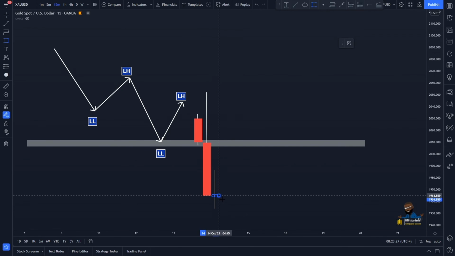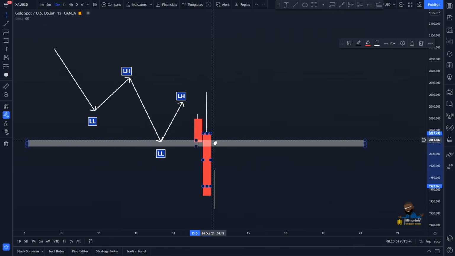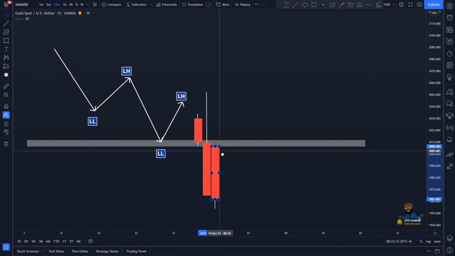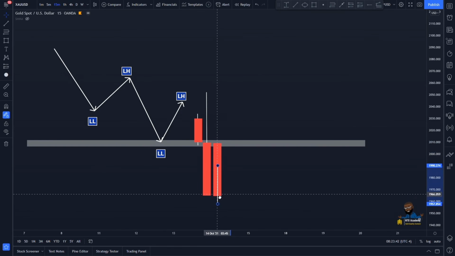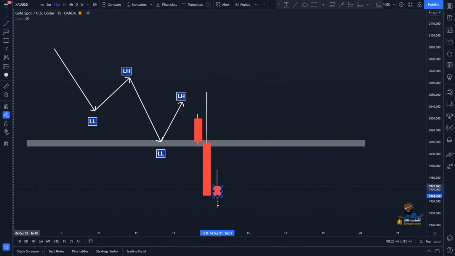So we know now that we had a break and close of the zone, okay? So we're here. This is our next candle. Let's not put them too close together, right? So the candle was pushing down more, right?